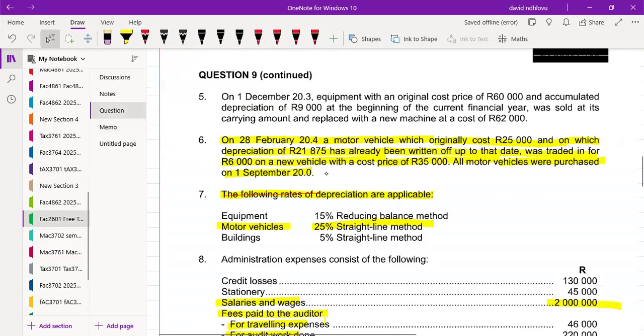We were told in the question that the new vehicle was bought at a cost price of 35,000 on 24 February. Remember, on the day that we sold the old vehicle, we traded it in for a new vehicle worth 35. The depreciation is using the straight line method.